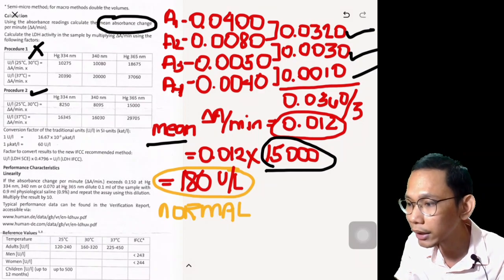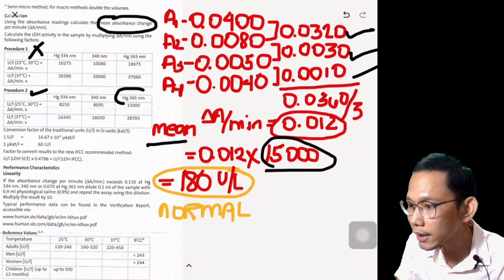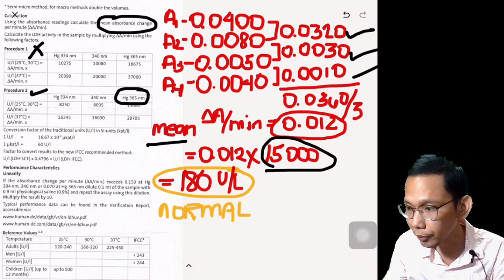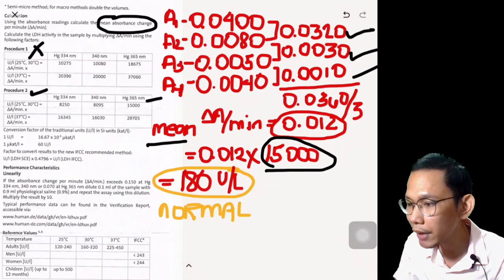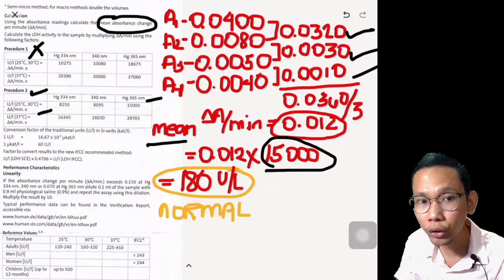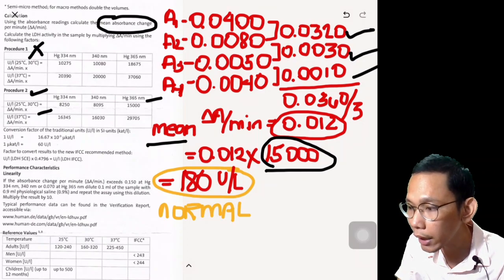It is 365. Since we used 365, what temperature did we use? It is room temp, so 25 or 30. So, the factor we will use is 15,000.